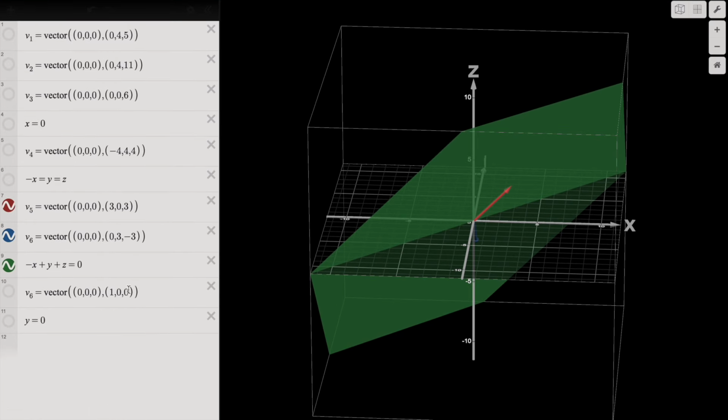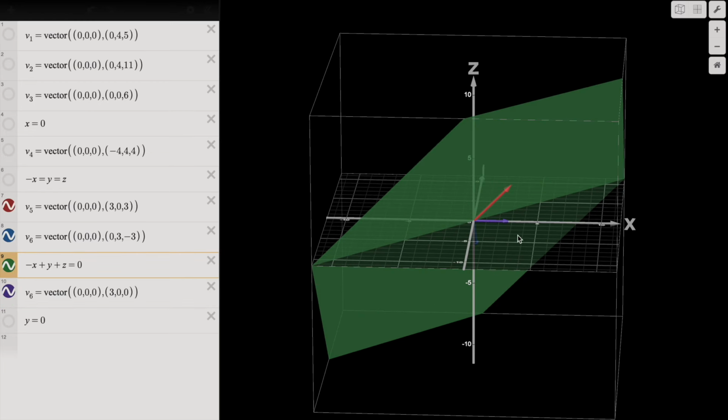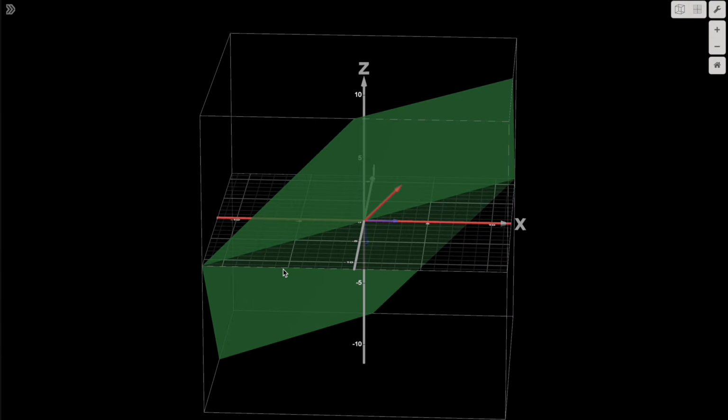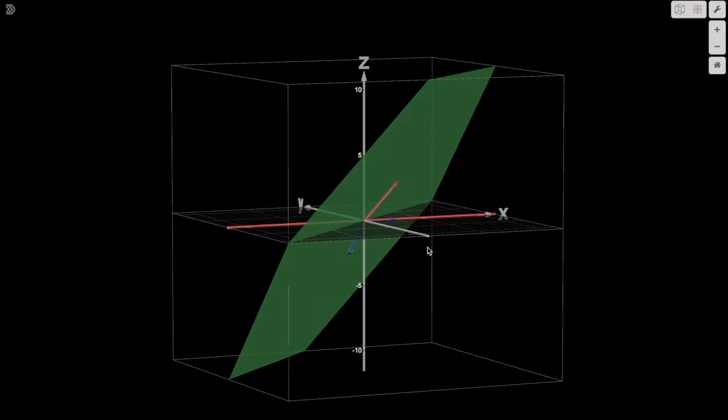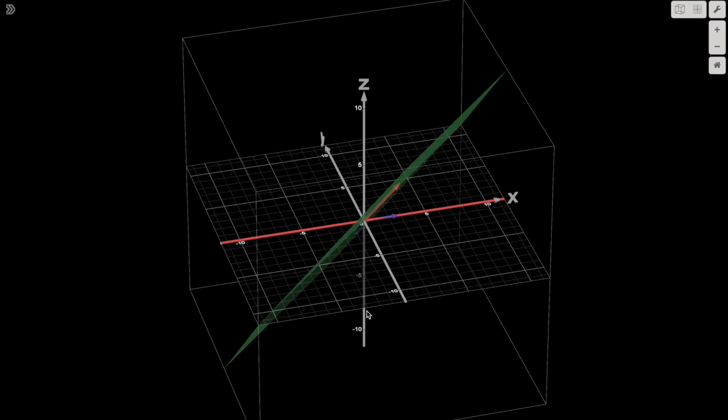Here is that vector 100. Instead of plotting 100, I will plot a scaled version of it, 300. So 300 will lie on the x-axis, right? Pretty simple. The line passing through this vector is nothing but the left null space. That is, the entire axis is the left null space. So here is your final diagram. We have plotted three vectors here.